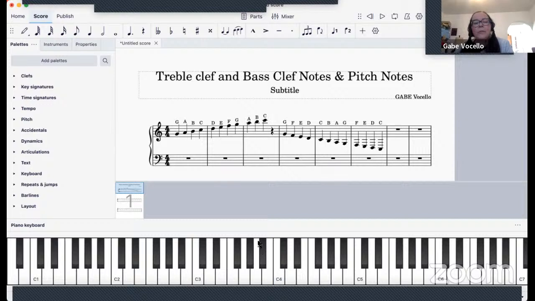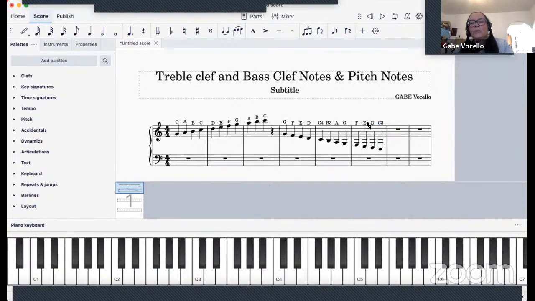Now play. So see on the piano? That's the middle C, that's the C4. This B here is B3. This is C3.